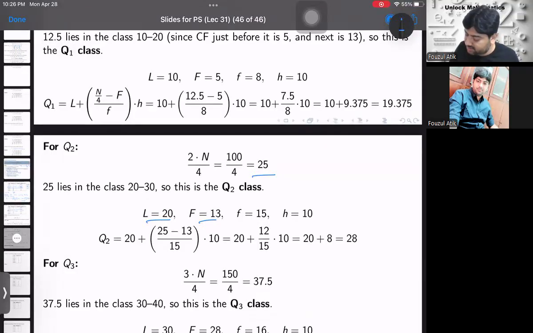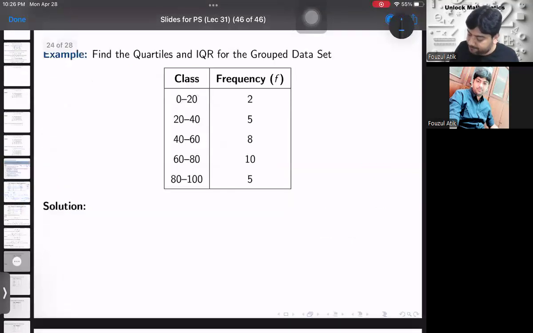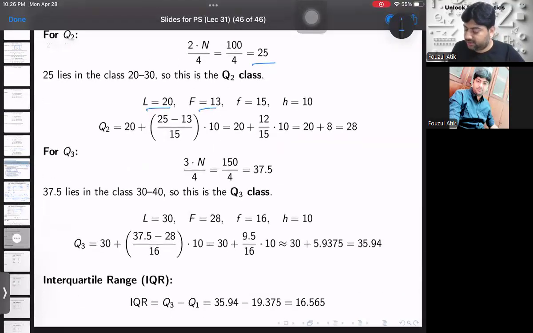Sorry. F is not that; it is the cumulative frequency before the quartile class. Therefore, Q2 is L plus this.